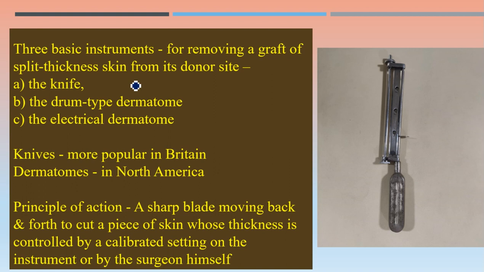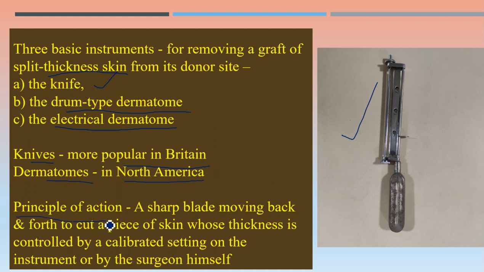There are three basic instruments in general for removing a split thickness skin graft from any donor site. We can use the knife, the drum type dermatome, or the electrical dermatome. Knives are more popular in Britain, like this one, and dermatomes are more popular in North America.